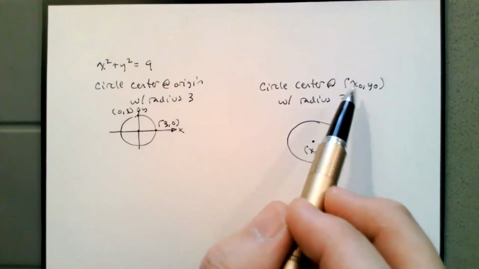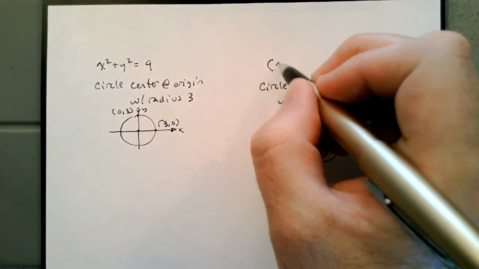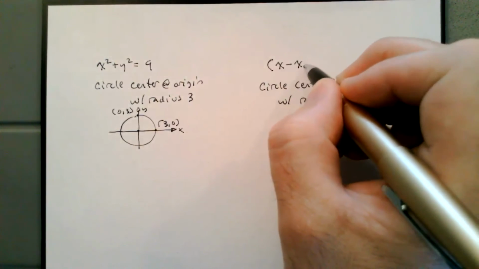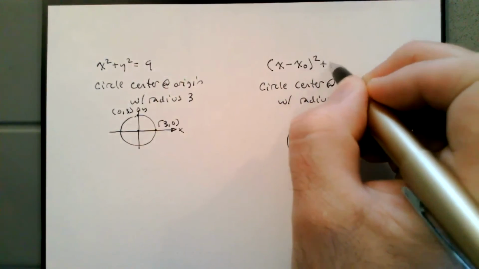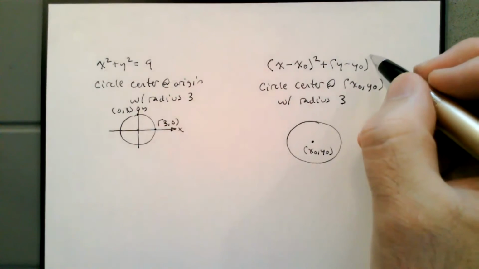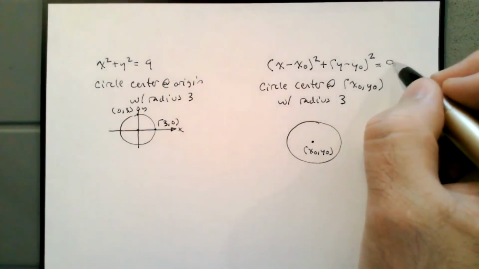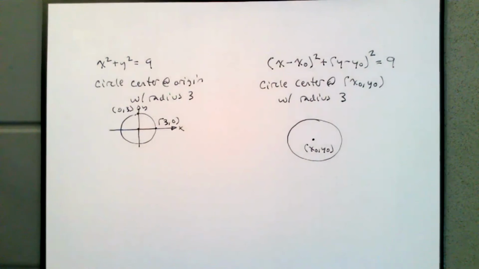But if I want to move the center to x naught, y naught, I replace x with x minus x naught and y with y minus y naught. And now we have a circle with the center at x naught, y naught with a radius of 3.